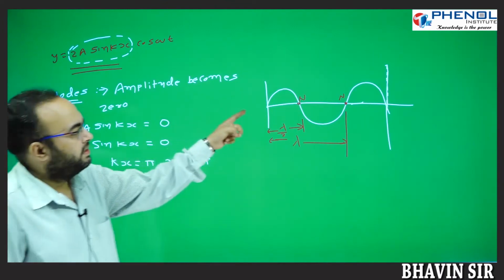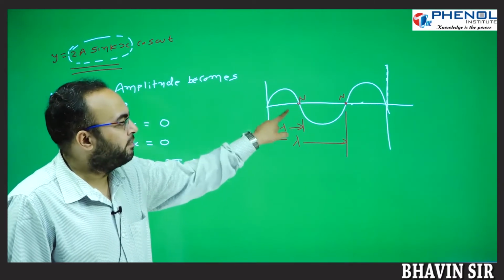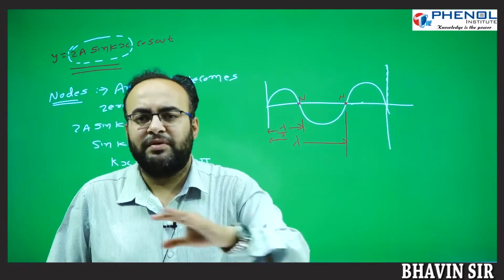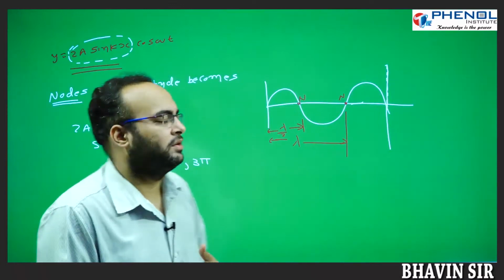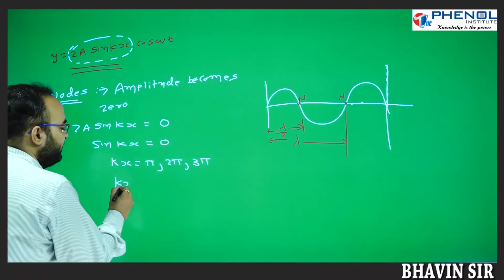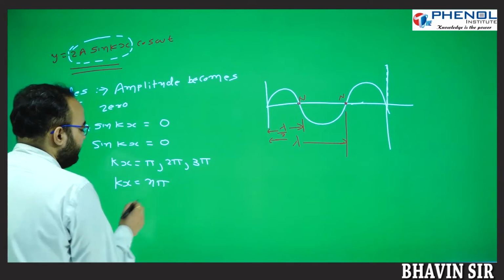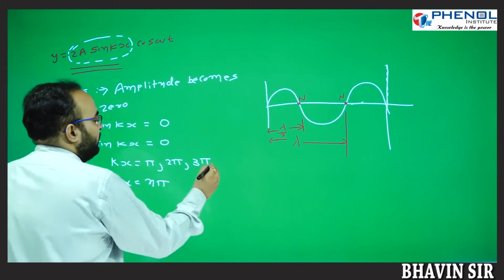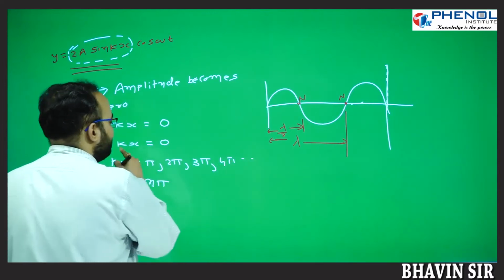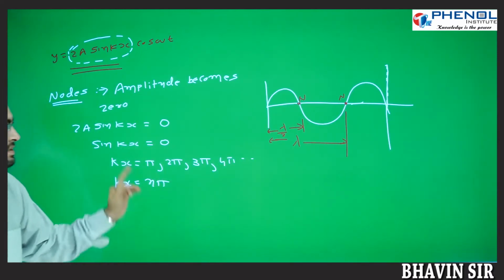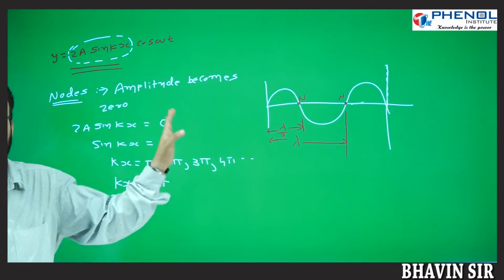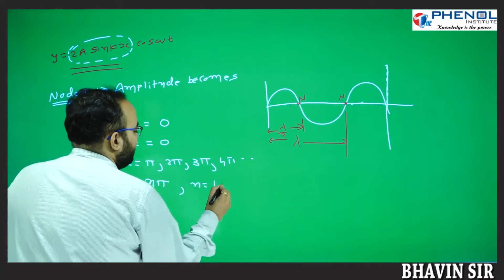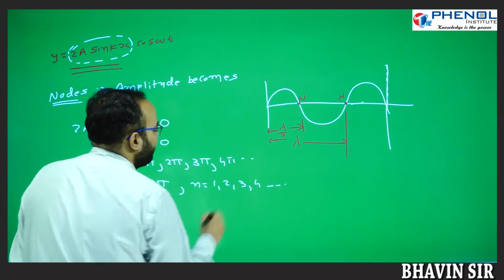After that, from the starting point, where the amplitude becomes 0, those are the nodes. So in general we write n pi: pi, 2 pi, 3 pi, 4 pi. At those points the trigonometric function sine becomes 0. So in general we write n pi, where n is 1, 2, 3, 4.